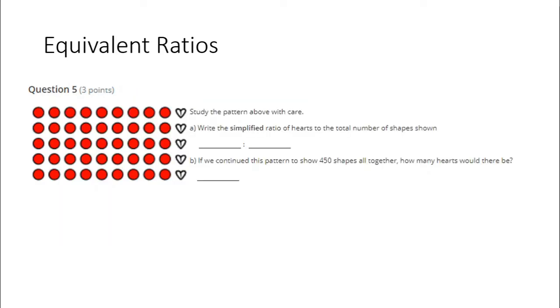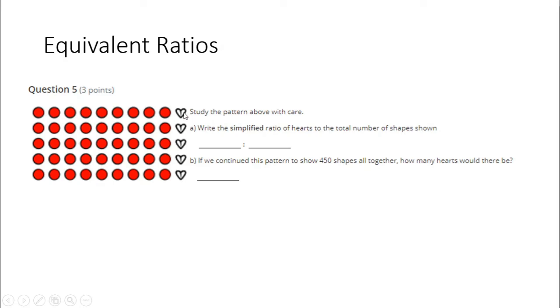Our next question is very similar. Study the pattern and write a simplified ratio for the hearts to the total number of shapes shown. I hope you read that carefully, the total number of shapes shown. So, looking at how many hearts there are there, I see that there's 1 heart in each row, and there are 1, 2, 3, 4, 5, 6, 7, 8, 9 circles in each row.